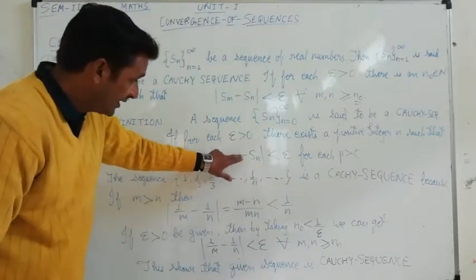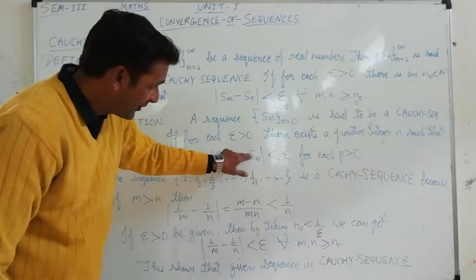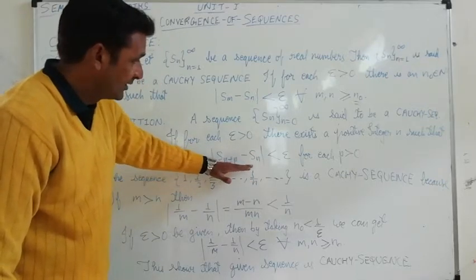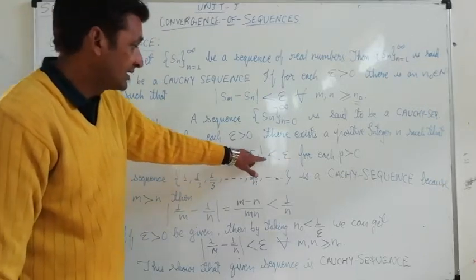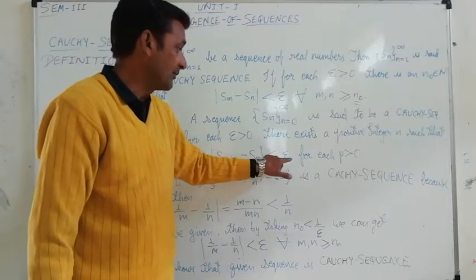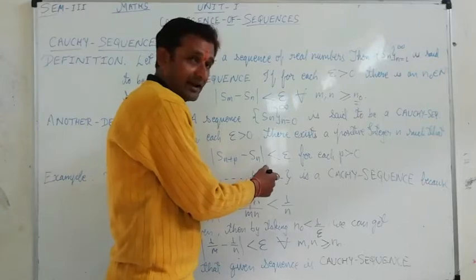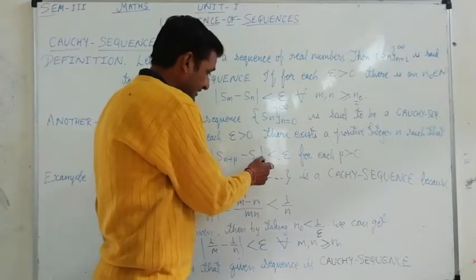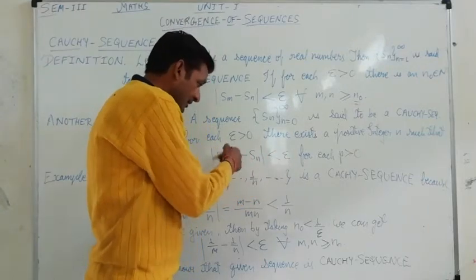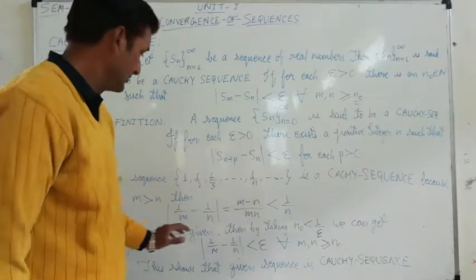So it is well clear from here also that it should be less than epsilon, one finite value, and this particular value will be less than that finite value only.